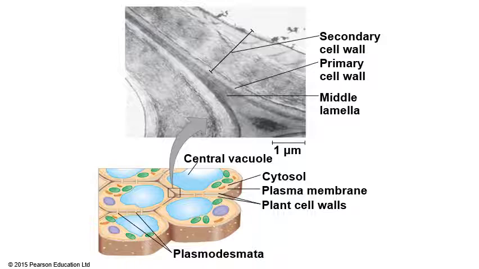So we can see this thick secondary cell wall for some plant cells, not all. And down below, they show the diagram for plasmodesmata, the tiny channels connecting one cytoplasm to another through the plant cell wall.